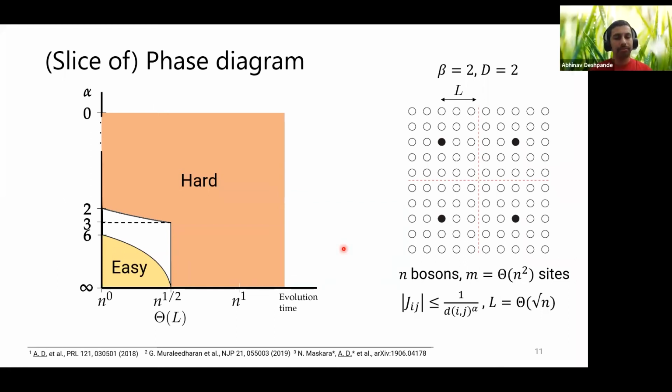I tune the amount of contextuality on one of the axes, and I want to see that as a system becomes more and more contextual, with some evolution time, do I see some kind of 3D phase diagram?